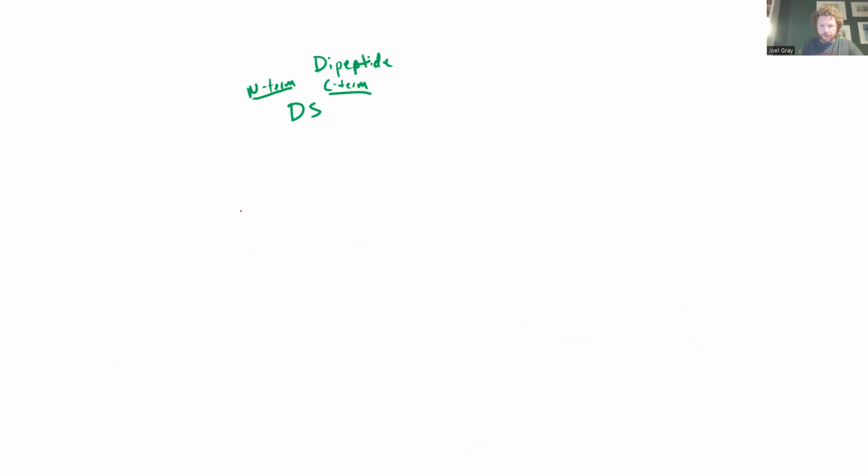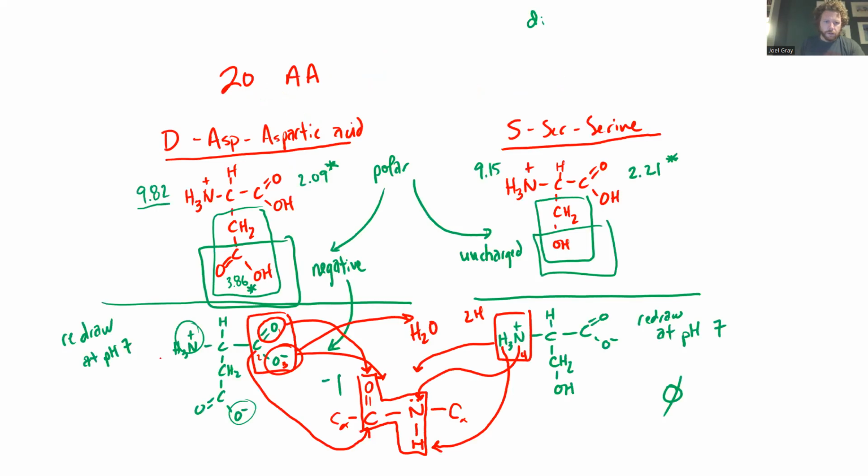So our dipeptide at a pH of 7. And I'm going to bounce back and forth to revisit what the amino acid R groups look like. But I've got a dipeptide where my backbone is going to start with this right here, the N-termini for my aspartic acid.